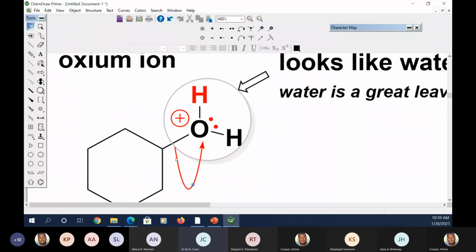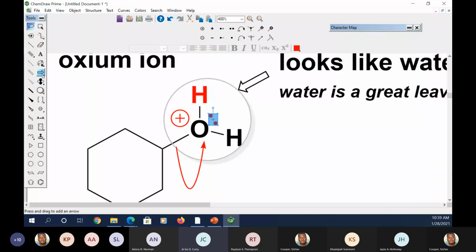All right. So I start my arrow at the bond, and this is something I wanted to talk about last semester. I just kind of ran out of time. So I'm hoping this semester I'll be able to do a little bit more detailed work on mechanisms. This is saying that there are 2 electrons shared between carbon and oxygen. These electrons are not going to be shared anymore. My leaving group is going to leave, and when it does, it takes the 2 electrons with it. So all I'm saying is that this bond breaks with the 2 electrons now going exclusively to oxygen.